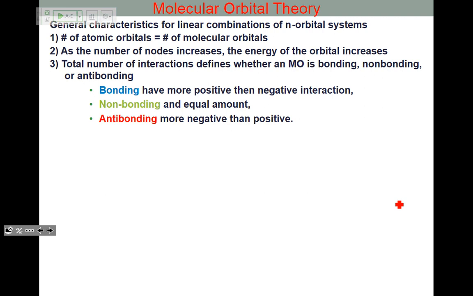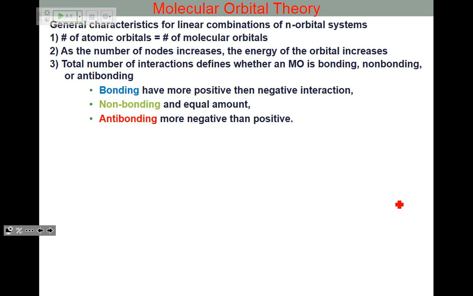With our 2 p orbitals, we only have completely bonding and completely anti-bonding. But when we have multiple p orbitals, we'll have some cases where some of the p orbitals are bonding and some are anti-bonding. Our overall bonding orbitals are more positive. Our overall anti-bonding orbitals are more negative than positive. Those are going to be higher energy.